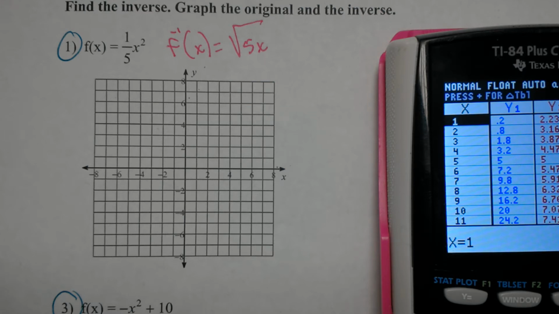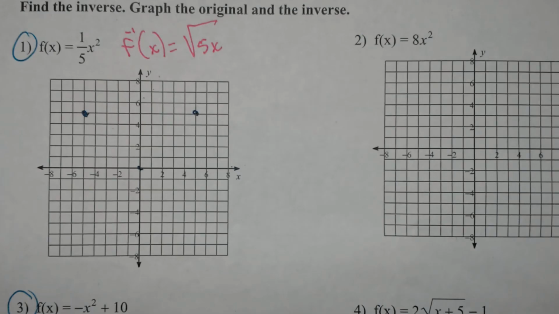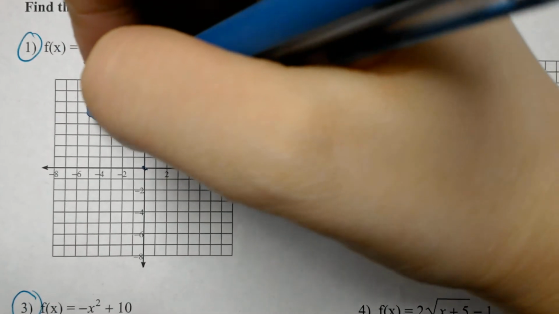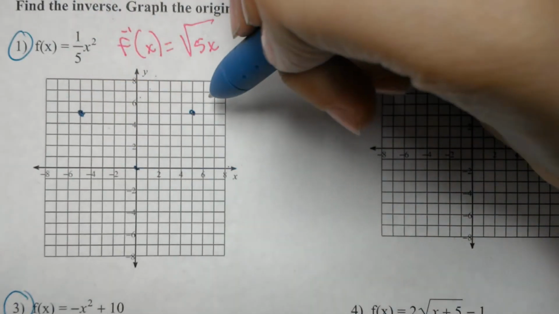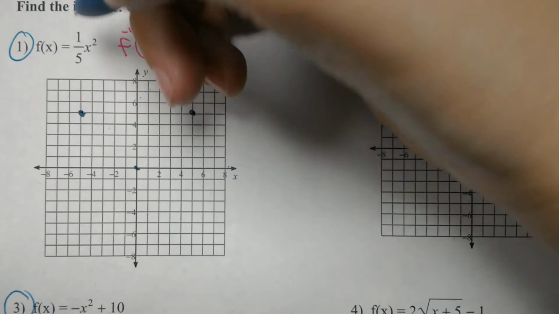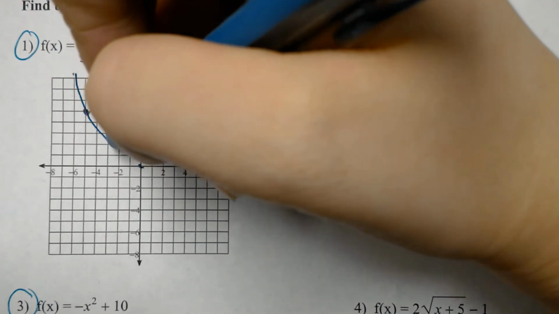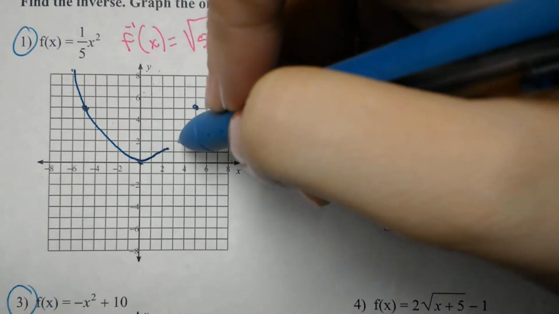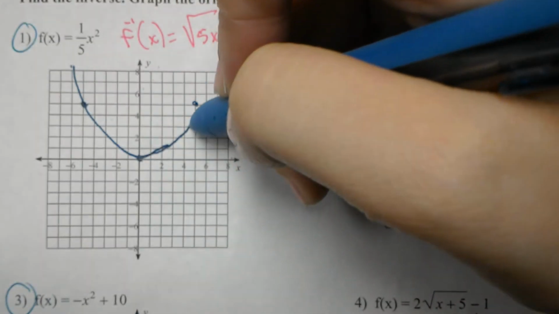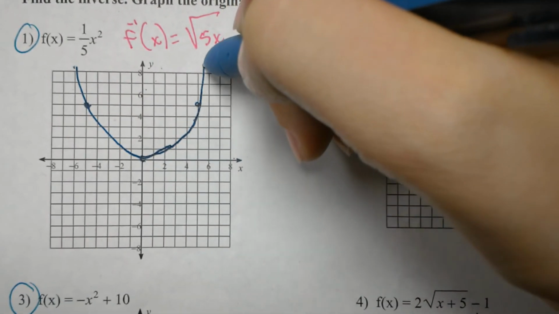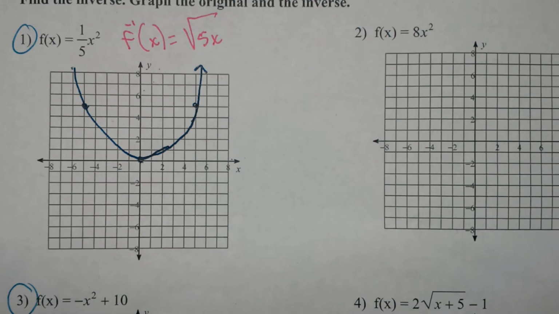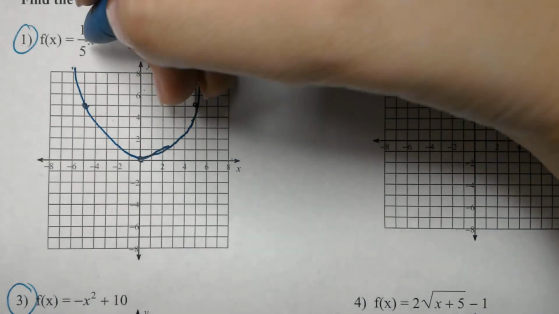So I'm going to go with 5, 5. 0, 0, negative 5, 5. So I have negative 5, 5, 0, 0, and 5, 5. That's my parabola, that's my original.